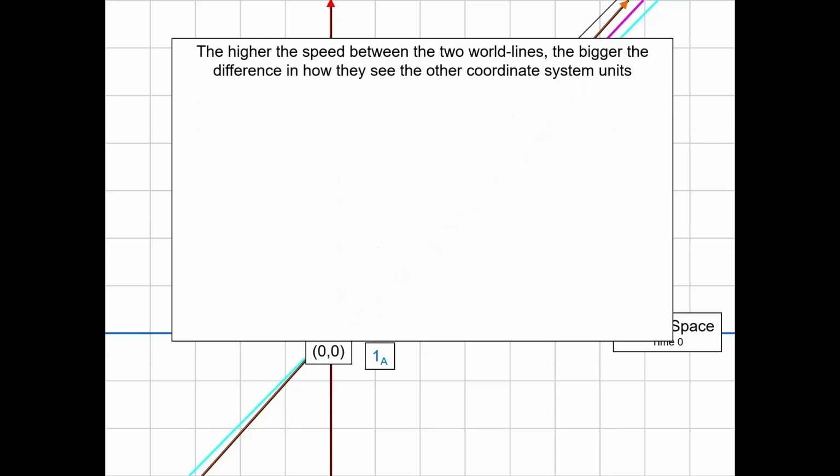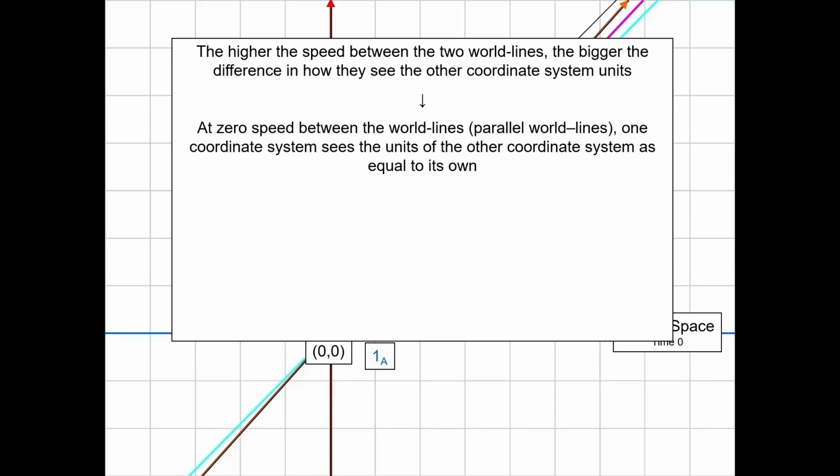To summarize this, we see that the higher the speed between the two world lines, the bigger the difference in how they see the other coordinate system units. At zero speed between the world lines, when the world lines are parallel, one coordinate system sees the units of the other coordinate system as equal to its own.